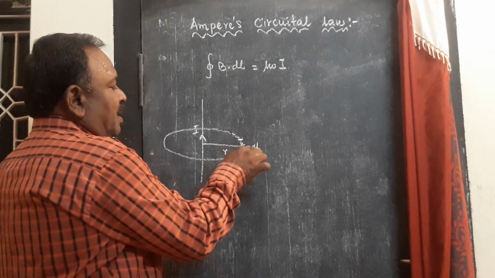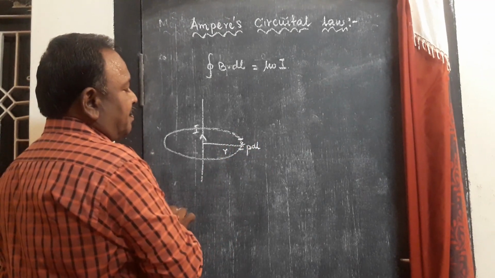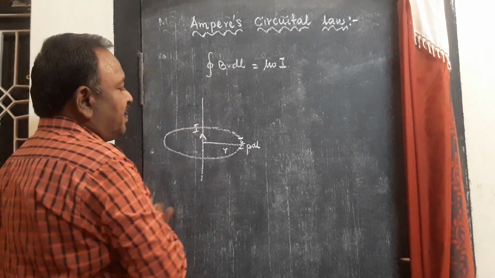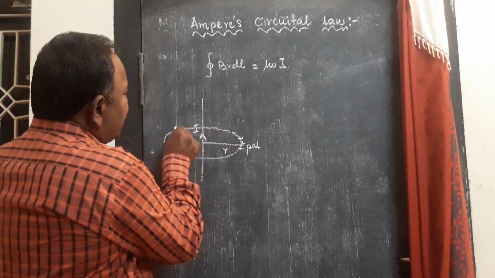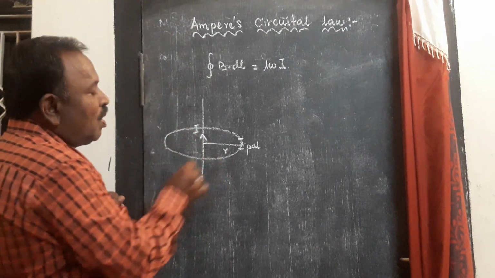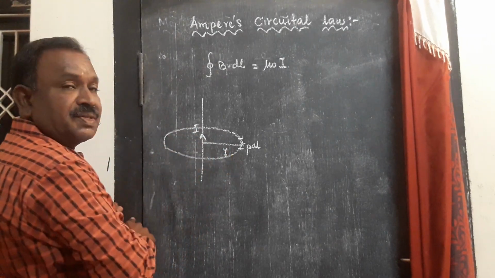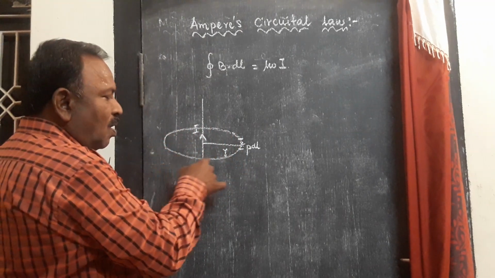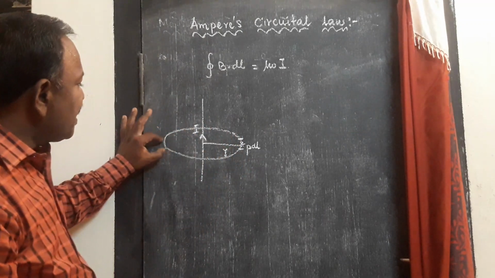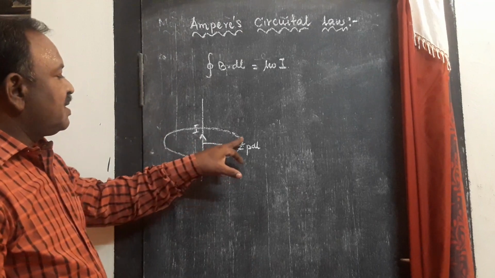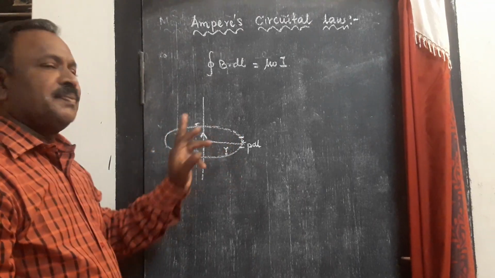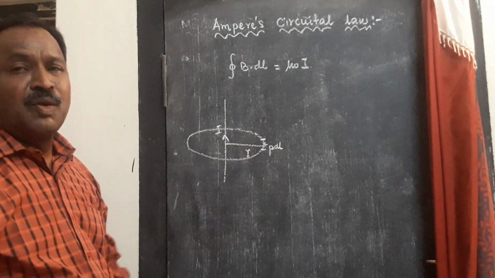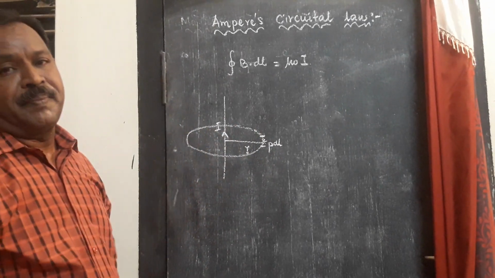Since all the points on the Amperian loop are at the same distance, the magnetic field is uniform all over the Amperian loop, and the magnetic field at all the points over the loop will remain the same.